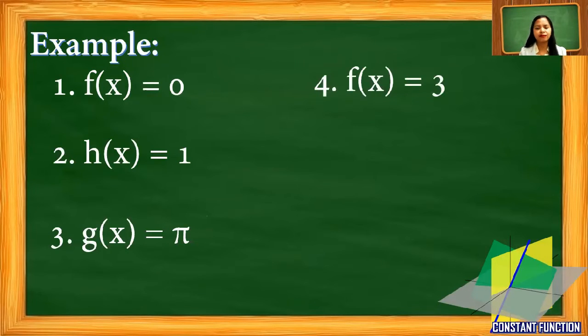Example number 4, we have f(x) = 3. Another one is y = -5. And all these functions are constant functions because the highest degree of the variable is equal to 0, and the value of c remains constant.